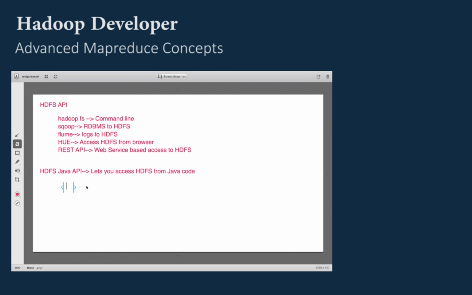So for example, the Java function mkdir will be equivalent to Hdfs mkdir. The Java function list status would be equivalent to Hdfs ls.